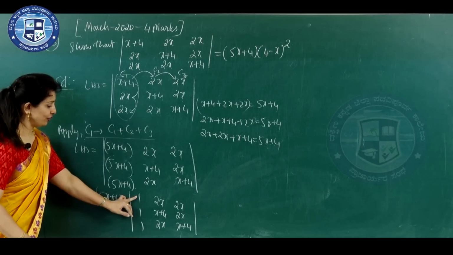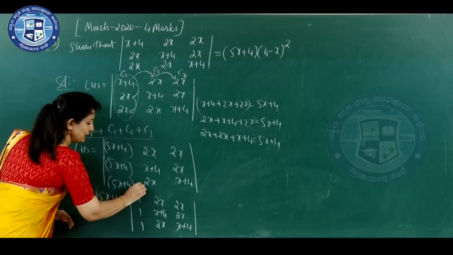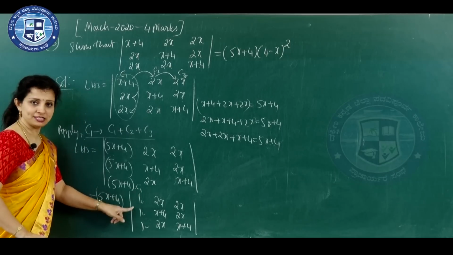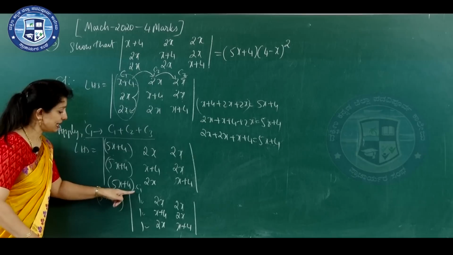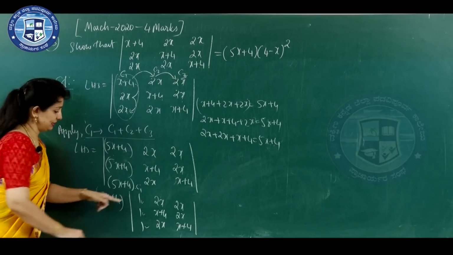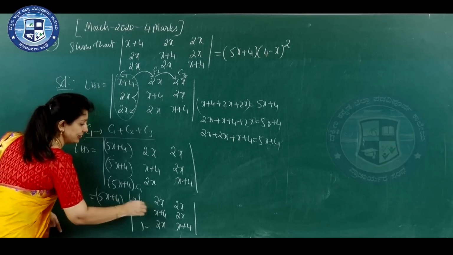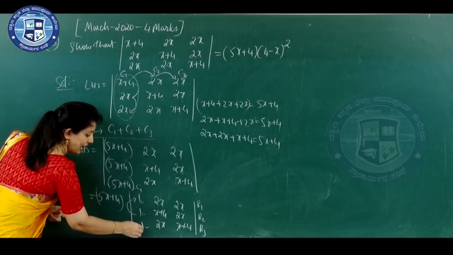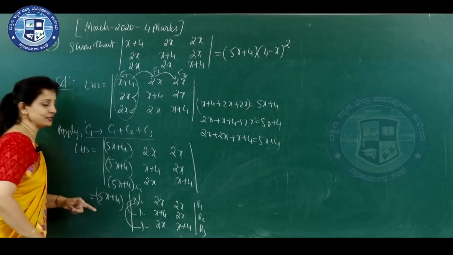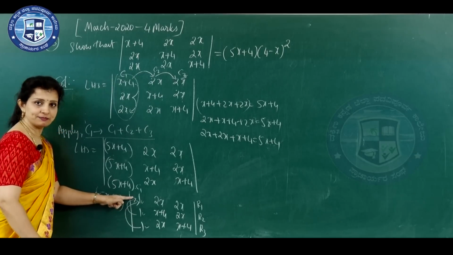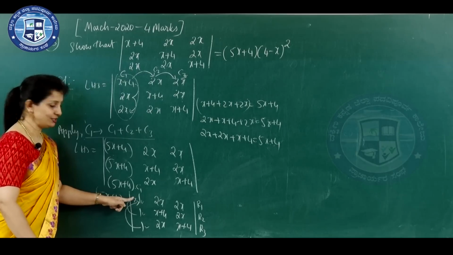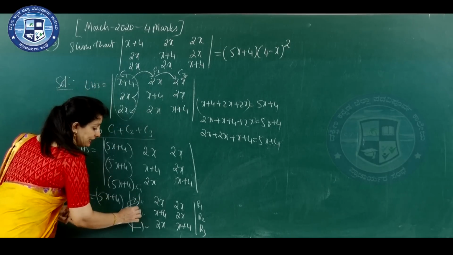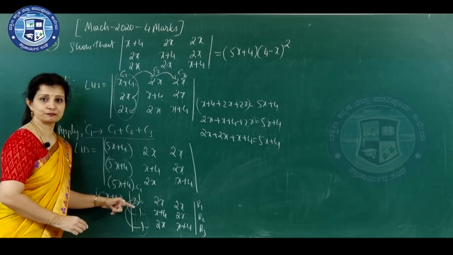Okay. Now, what if the first column elements, each element is 1? If each element of first column is 1, then subtract the two rows, like R2 minus R1 and R3 minus R1. It is possible. So, we will get the factors of RHS and very importantly, we will get 2 zeros in the first column.